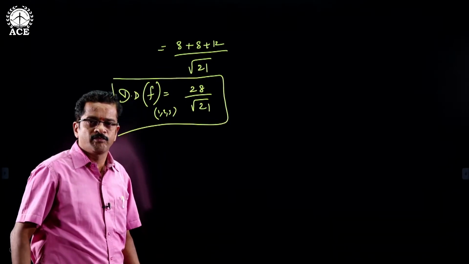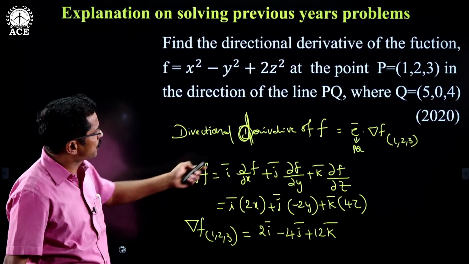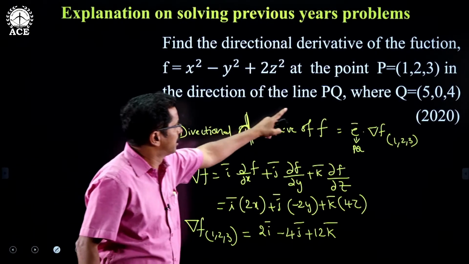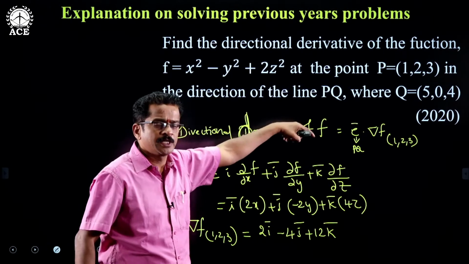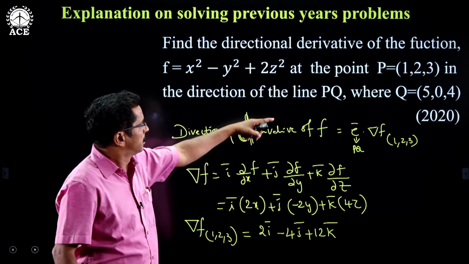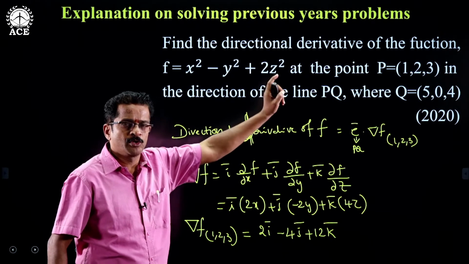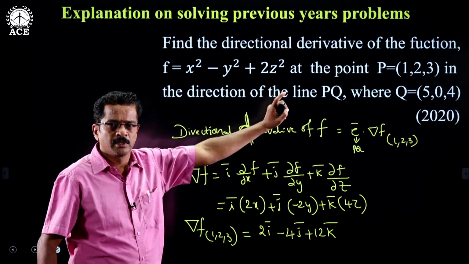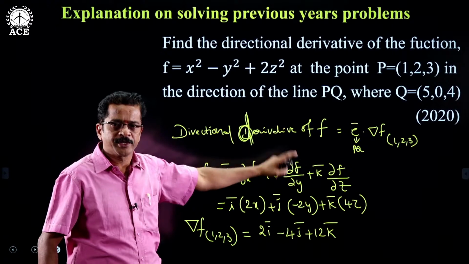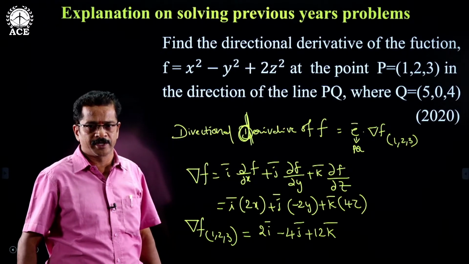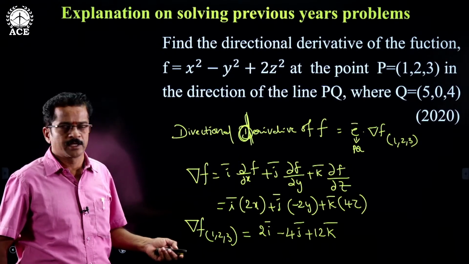If the points are provided, instead of giving the surface function, he provided the line PQ. Along the line PQ, you evaluate the vector function, so that vector function becomes N bar. From that N bar, you evaluate your normal vector and proceed to find the directional derivative.